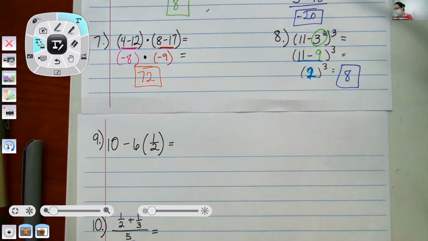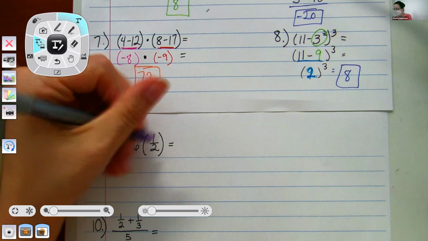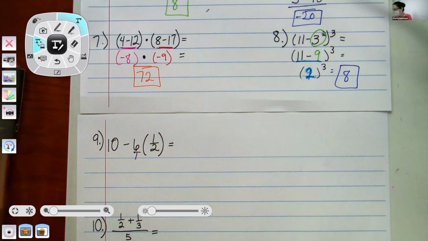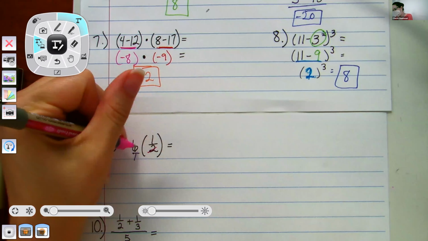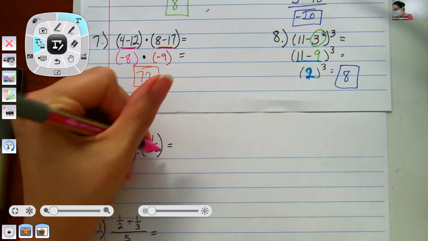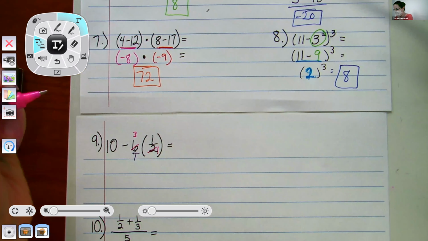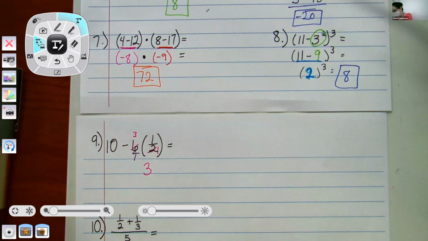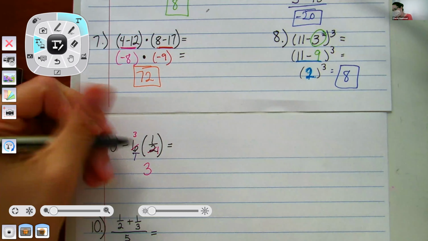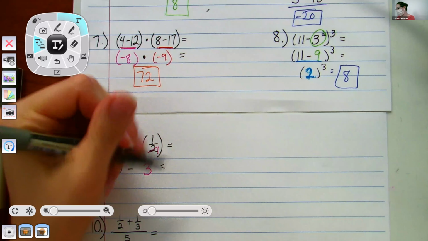So 6 is the same thing as 6 over 1. And 2 goes into 6 3 times. 2 goes into 2 1 time. So that's just going to be 3, basically. So it's just 10 minus 3, which equals 7.